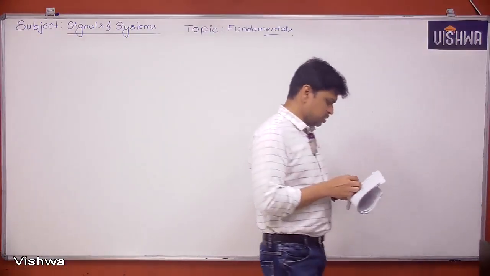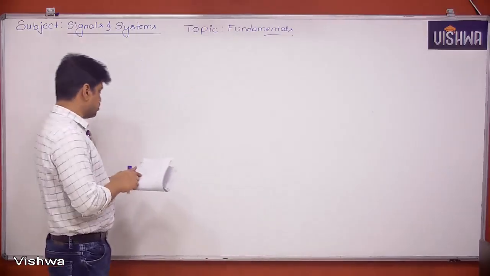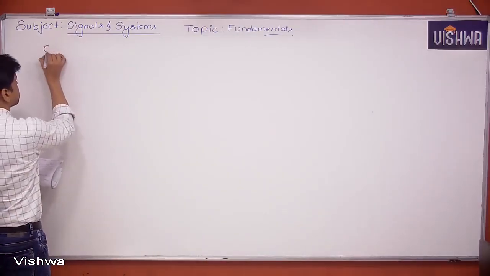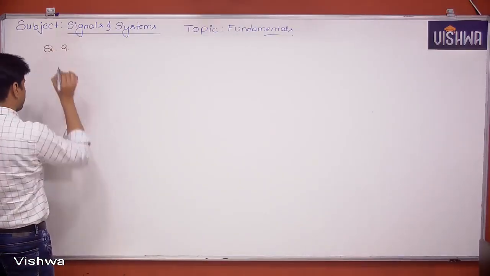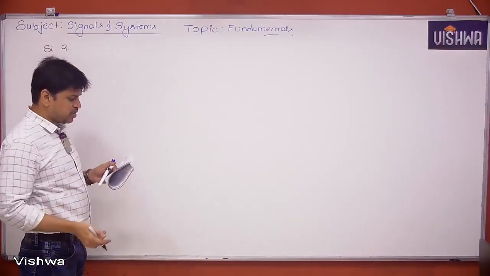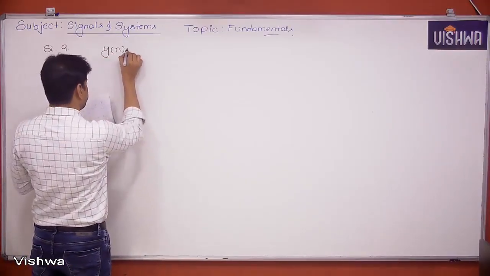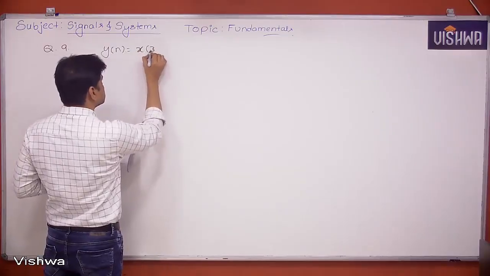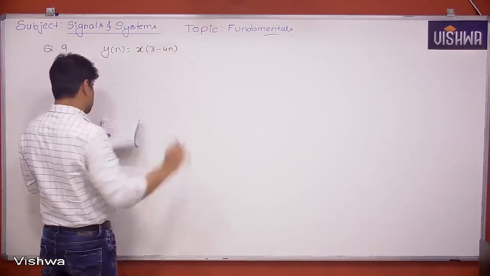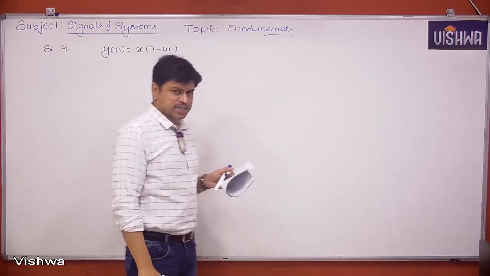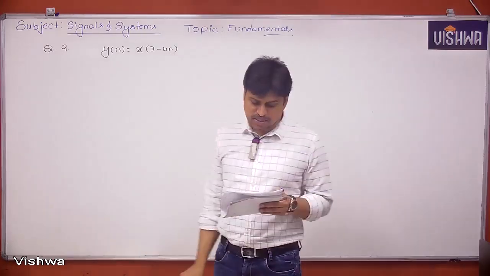I will read the question. Question number 9. If x of n is given, to find y of n, which is x of 3 minus 4n, which of the following procedures is correct?